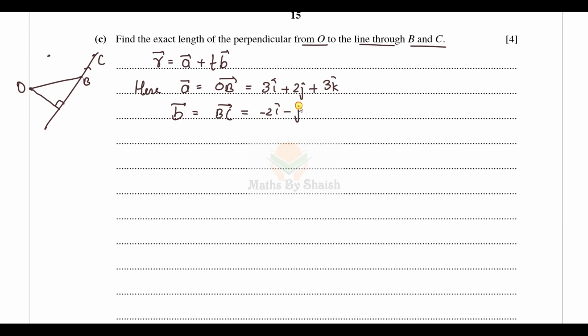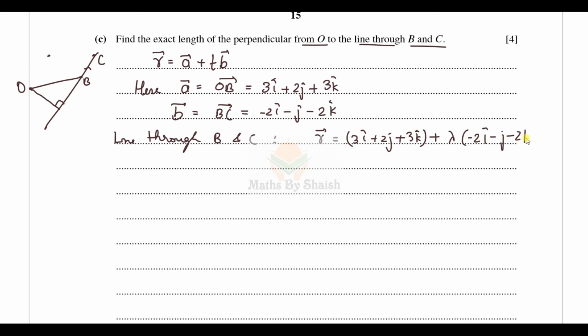So the equation of the line through B and C is given by r is equal to 3i cap plus 2j cap plus 3k cap plus lambda times, lambda is any scalar, lambda times minus 2i cap minus j cap minus 2k cap.